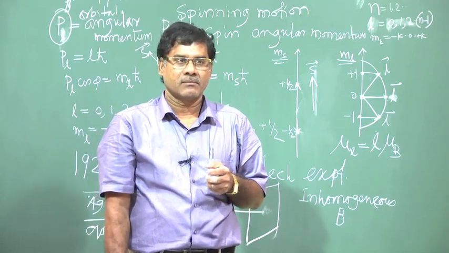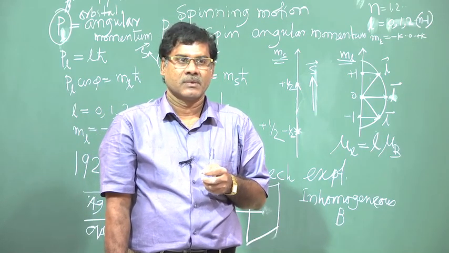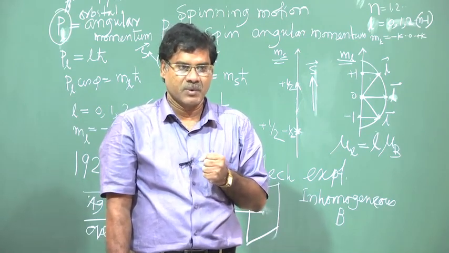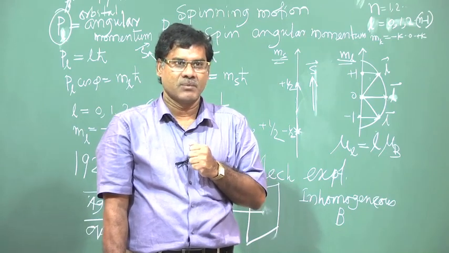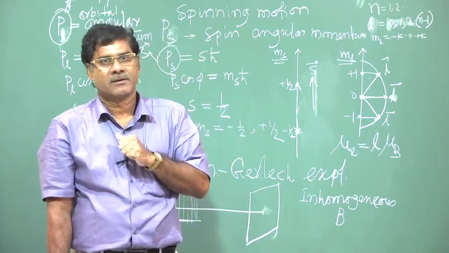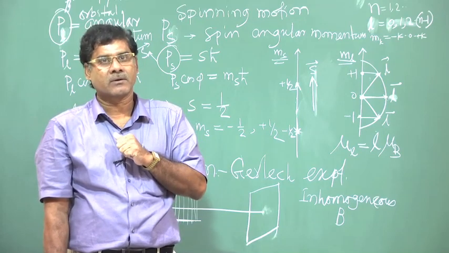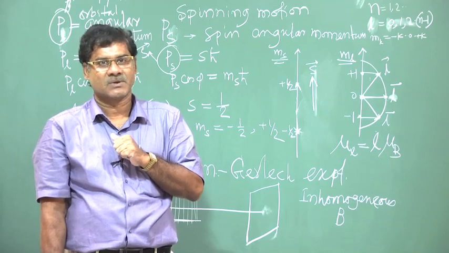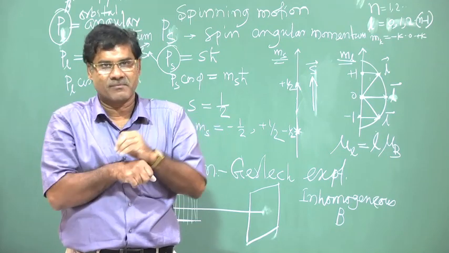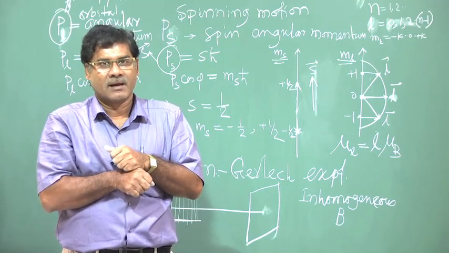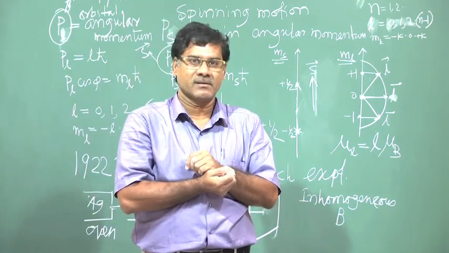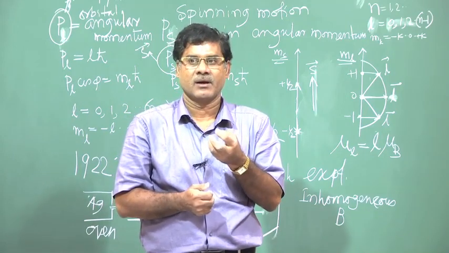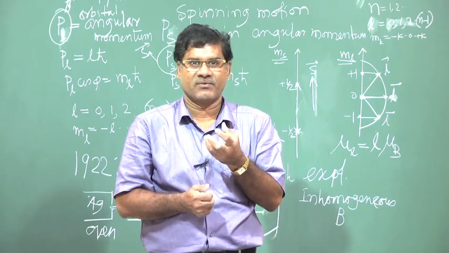Now, if you apply a uniform magnetic field, you will basically get torque, not force, so that moment will rotate due to torque. And if we apply an inhomogeneous magnetic field, we get force. So this system will feel force.